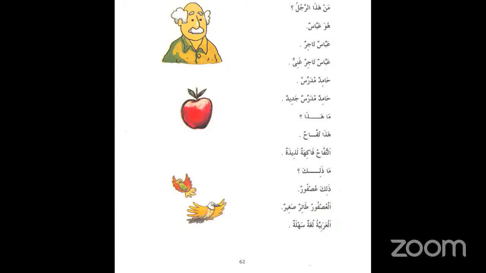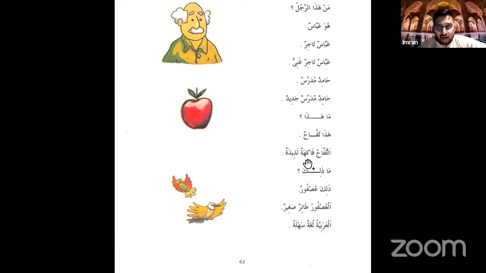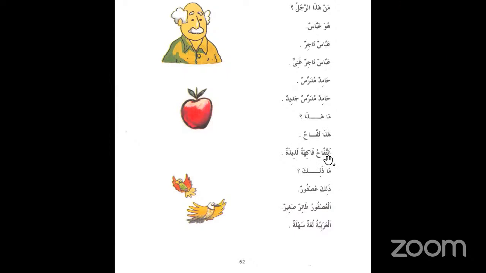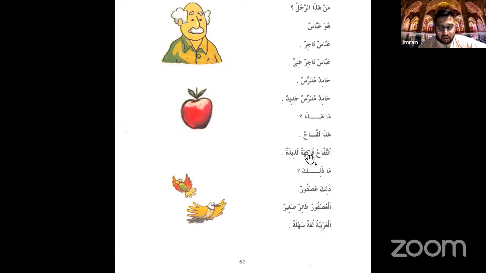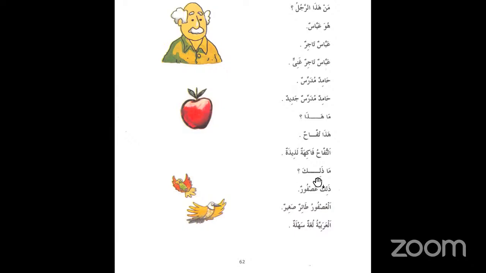At-tufahu fakihatun lazizatun. The apple is a delicious fruit. Excellent. So the words fakihatun and lazizatun. At-tufahu is the mubtada. Fakihatun is the khabar. Fakihatun is dhamma tanween. Lazizatun is dhamma tanween. Fakihatun is feminine. Lazizatun is feminine. Fakihatun is singular. Lazizatun is singular. Yes. Continue.